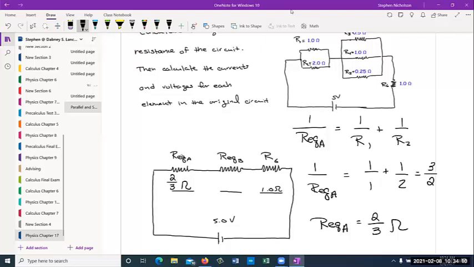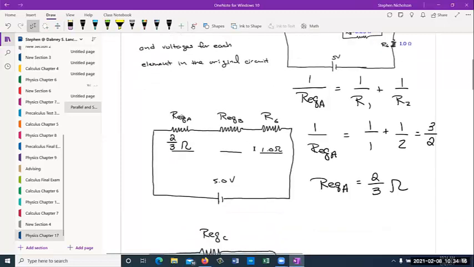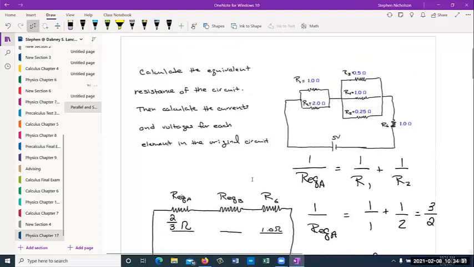Okay, now let's do the next one. So we're going to figure out equivalent resistance B. So you guys are going to do that. I'm going to set it up and then you can put it in your calculator. And again, I do want the answer as a fraction if it is a fraction, but I'm going to let you cheat and use your calculators and not have to go through the whole parallel calculation.